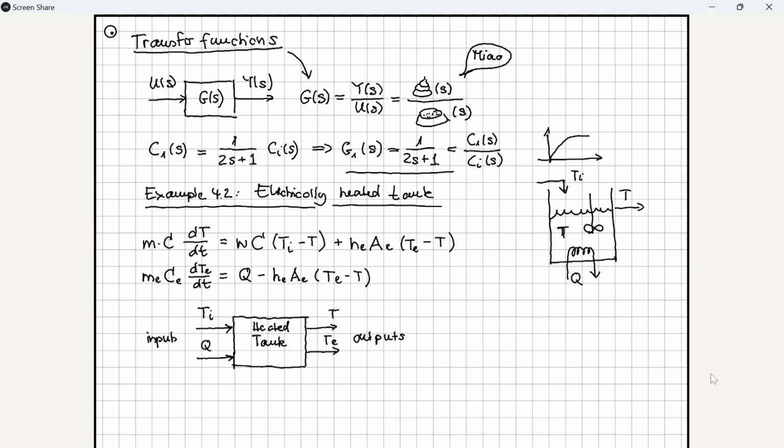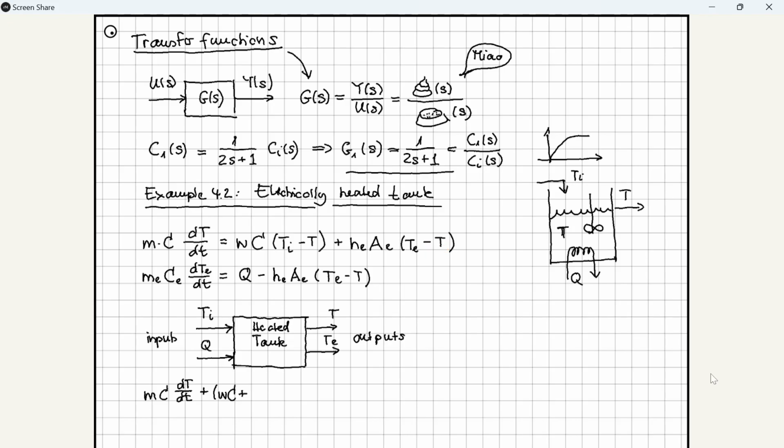In those two equations, we have to put the inputs onto one side and the outputs onto the other side. So for the first equation, we get M times C, dT over dt, is the output. But we have two more elements for the output. We have plus WC, this comes from here, and we have another temperature here.